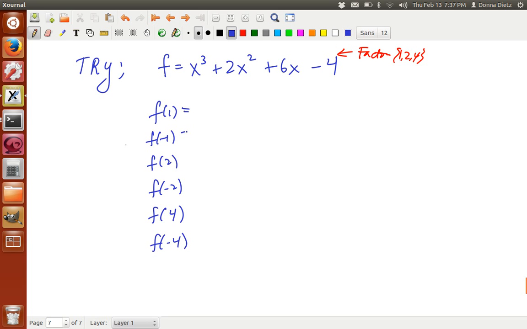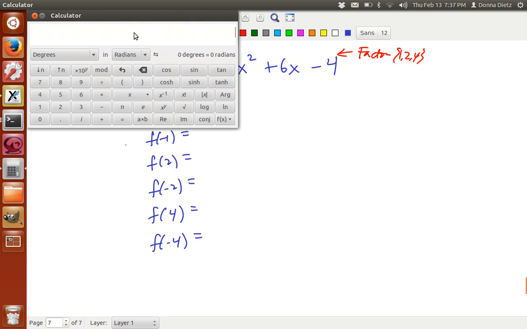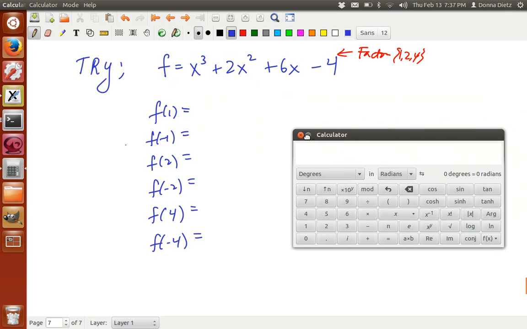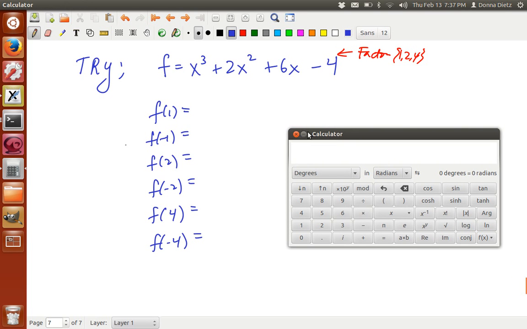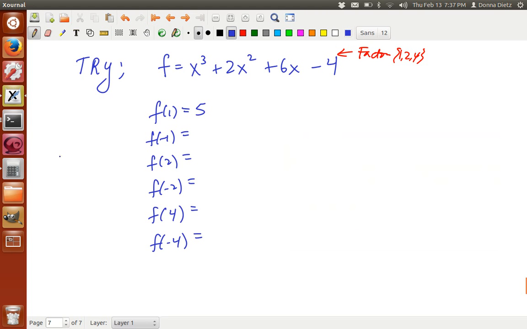But I happen to know in advance something that you probably don't know unless you actually did the problem. Okay, if I go ahead and add this up, 1 plus 2 plus 6 minus 4 equals 5. Okay, and it turns out that -1 is going to look like this. Just look at that. That's not 0.